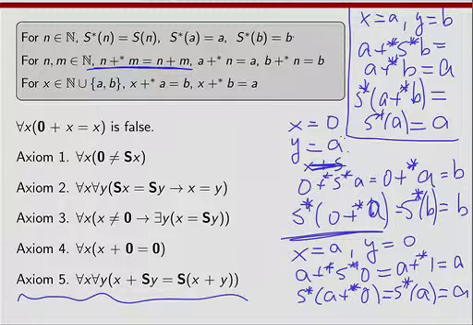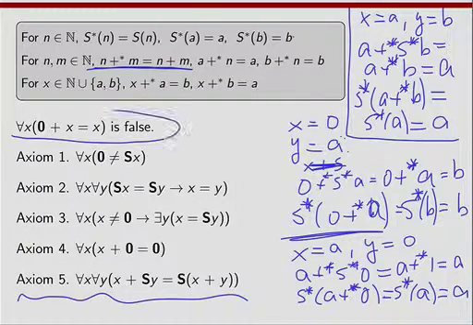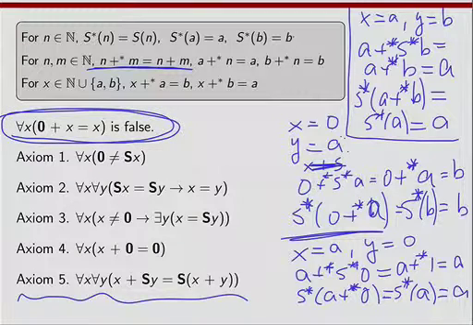So we see that this model is a model of all of the axioms. Actually, I only have a partial model because I haven't interpreted times yet. But it's a model where this formula is false. So I have a model of all the axioms where this formula is false, so it can't possibly be the case that Q can prove this formula, because if this formula is derivable from Q, then any model of Q must make this formula true.